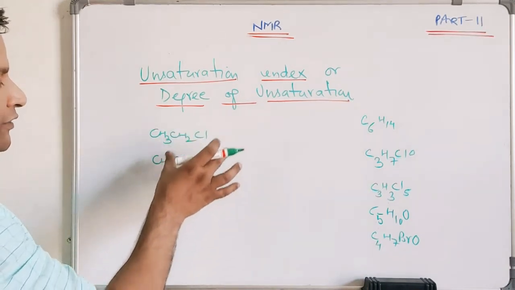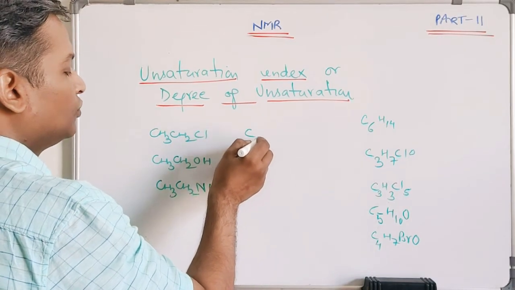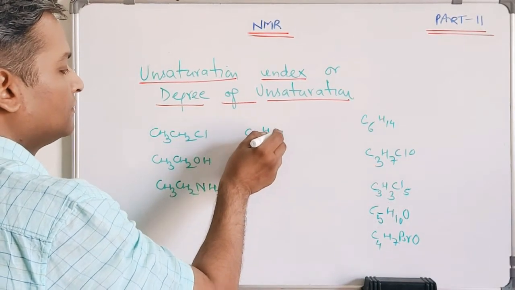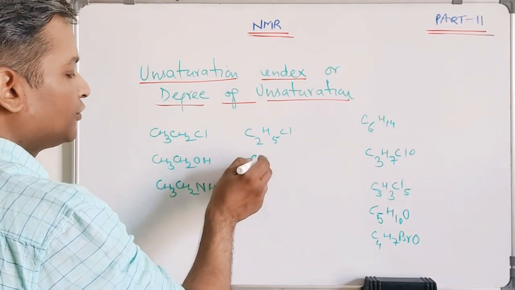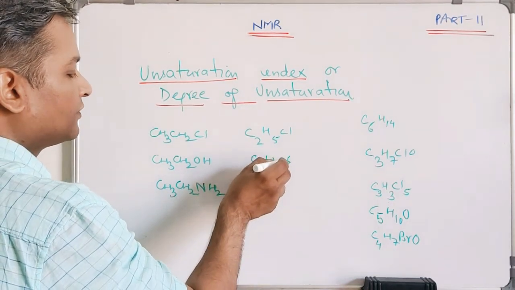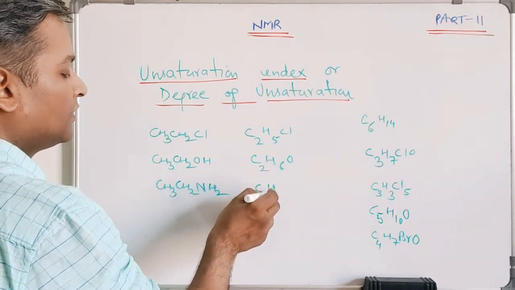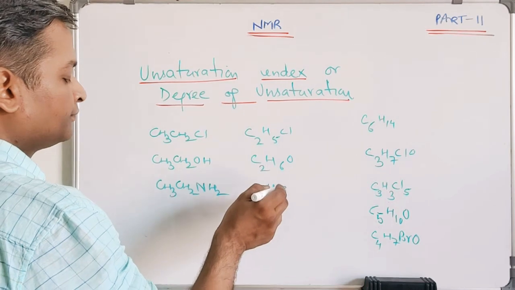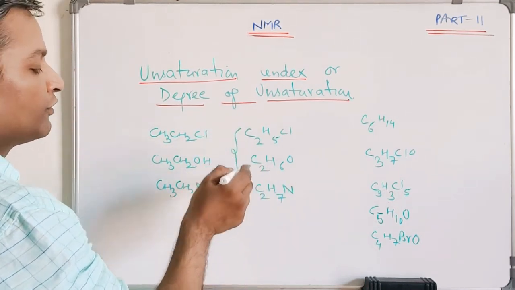Their molecular formulas will be C2H5Cl, C2H6O, and C2H7N. So what is the difference you are observing here?